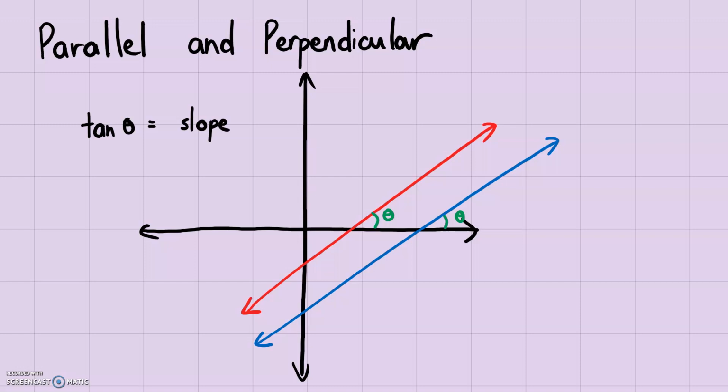Right? But since both of these have the same angle of inclination, that's also going to mean that they're going to have the same slope. Okay, so that's the characteristic of parallel lines. So if two lines are parallel, they have the same slope.